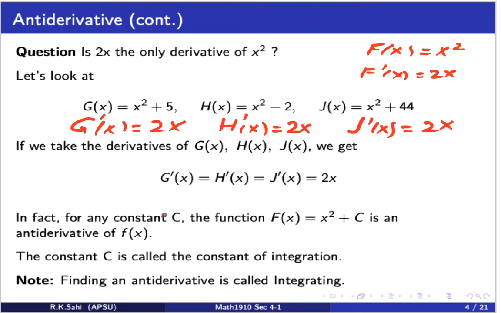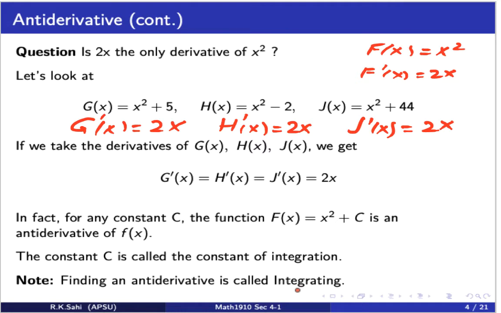So what we can conclude is that for any constant c, and remember this 5, negative 2, 44, these are all constants, the function capital F of x equals x squared plus c is an antiderivative of f of x. The c here is called the constant of integration. Finding an antiderivative is basically called integrating.